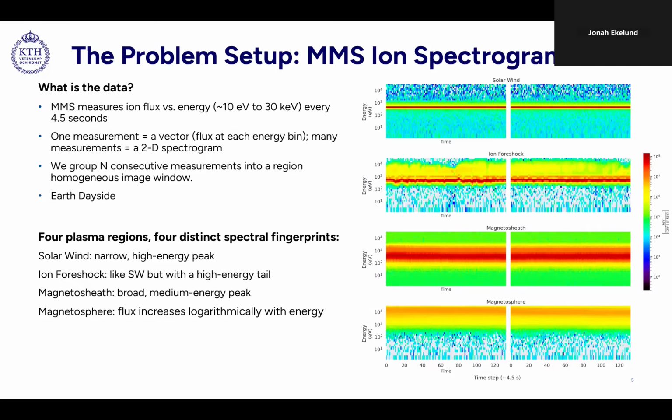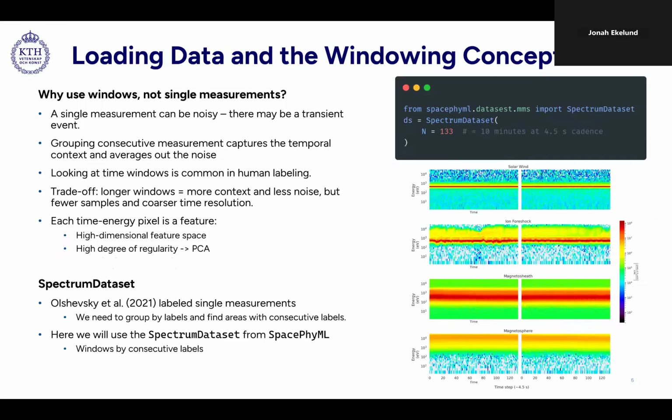So the labels are for each time slice, but we've subdivided them into consecutive windows. And for this afternoon, we have provided a quite nice data set class in Python that does that for you.